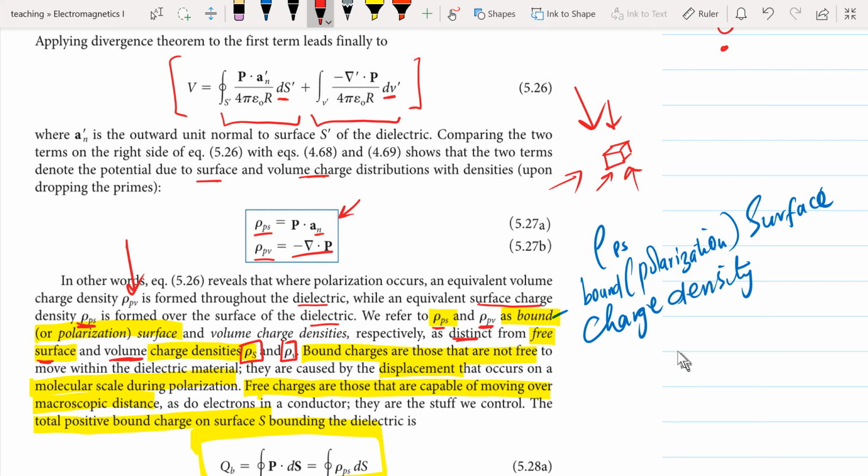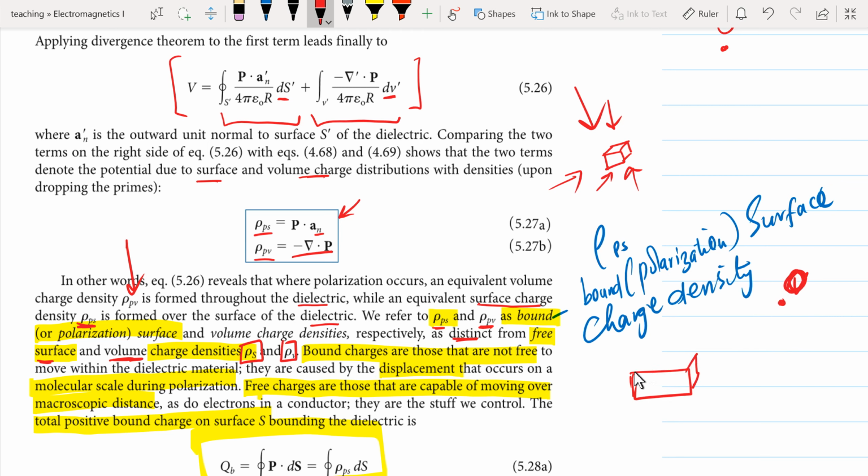So just to bring my story to an end, we were trying to find out the potential at point O due to a polarized elemental volume.